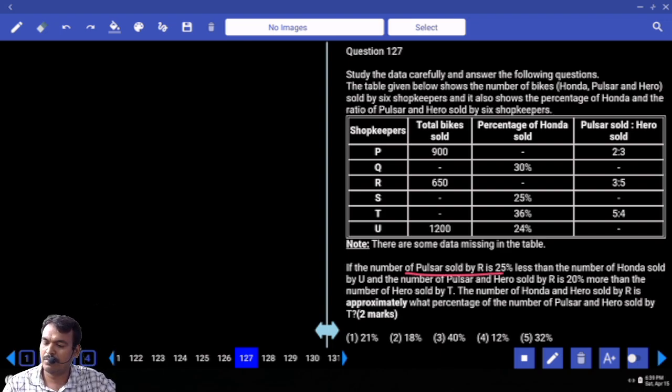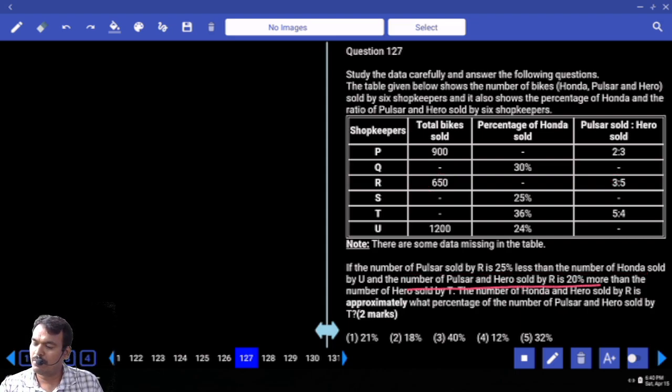First, Pulsar sold by R is 25% less than which one? Honda. Okay. In R, total how many bikes? 650. Okay. Any other clue given? What is the next point given?